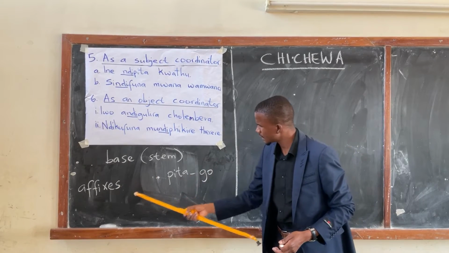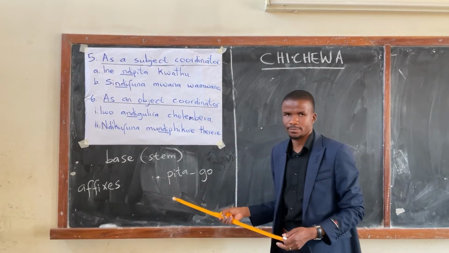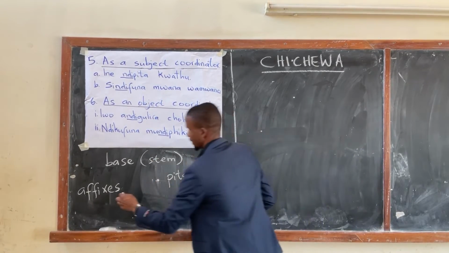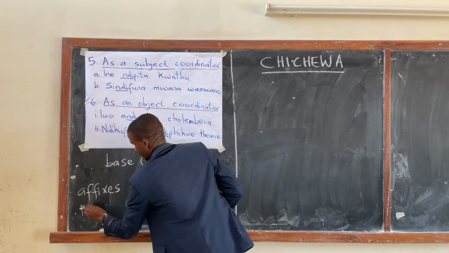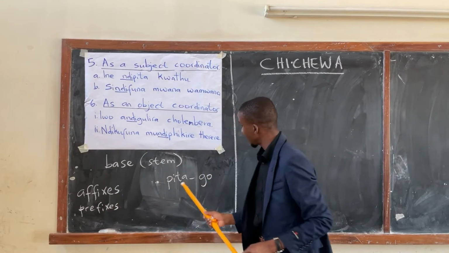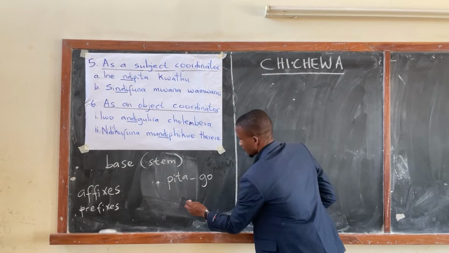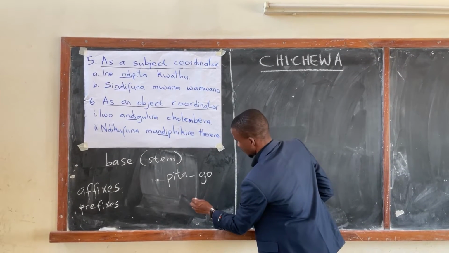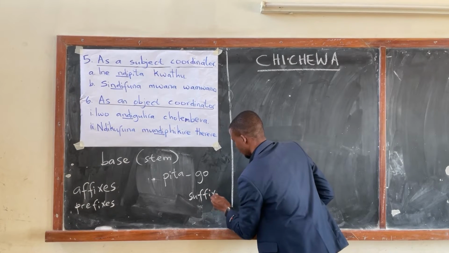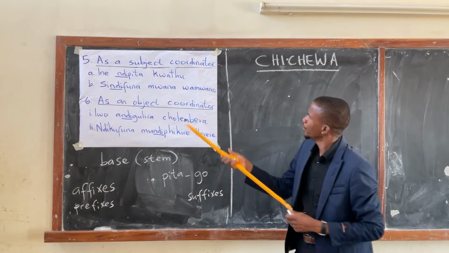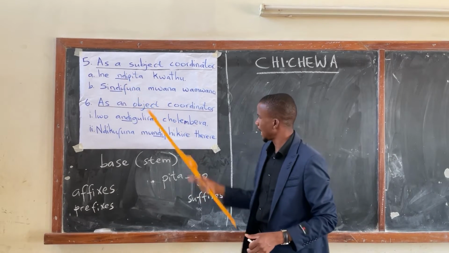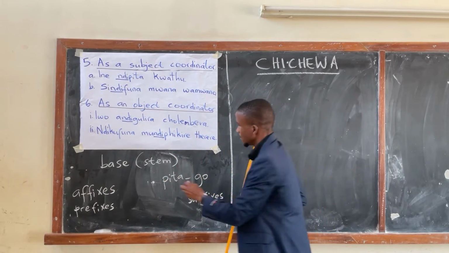When these affixes are added before the stem, they are referred to as prefixes in English. And when they are added after, they are referred to as suffixes. So you see, ni is added before go.